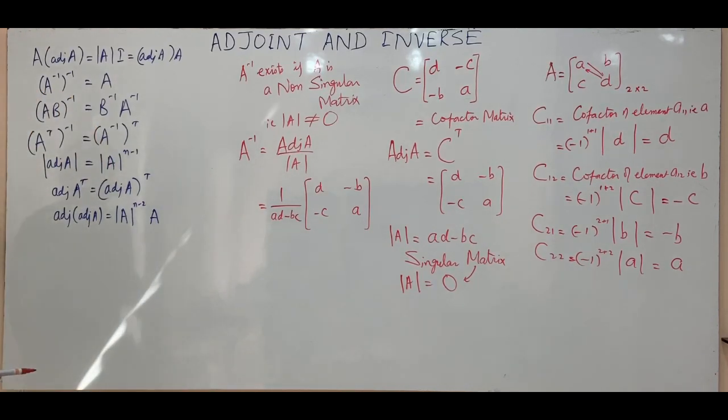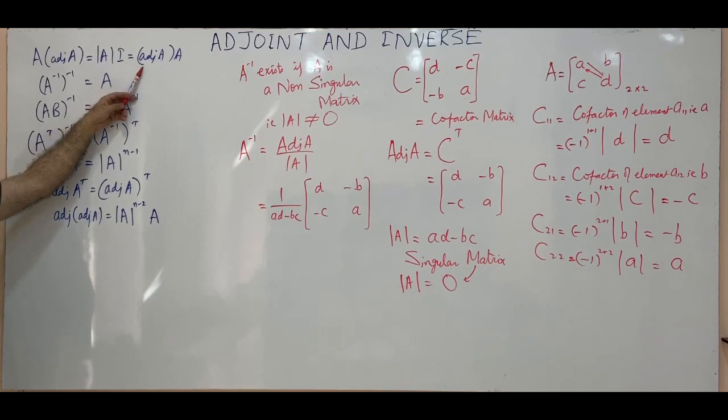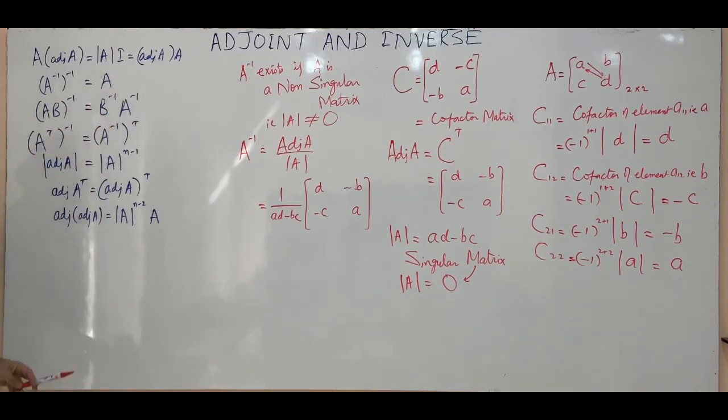Now adjoints and inverses have properties. Let's go through them. The first one is A into adjoint of A. This is equal to the determinant of A into I, which is equal to adjoint of A into A. The second one, the inverse of A inverse is A. Next, (AB) inverse is B inverse into A inverse.